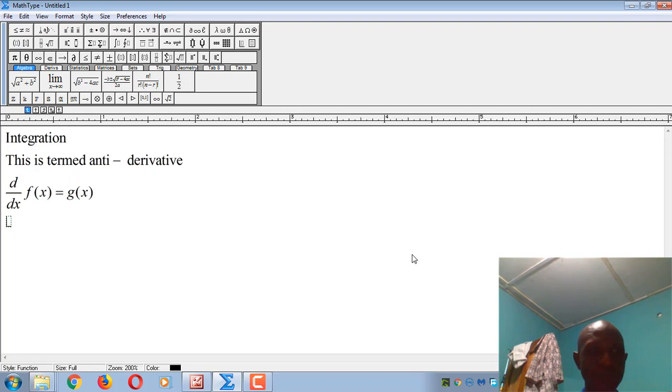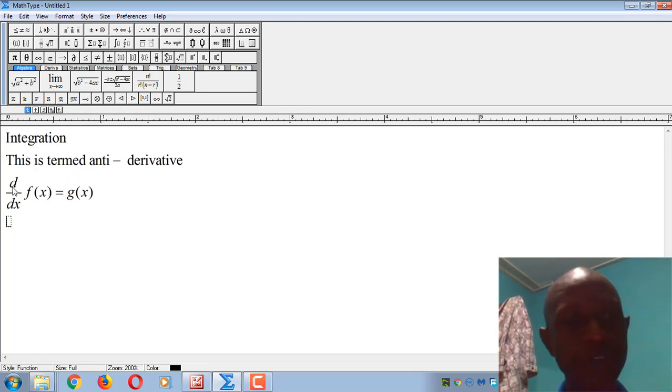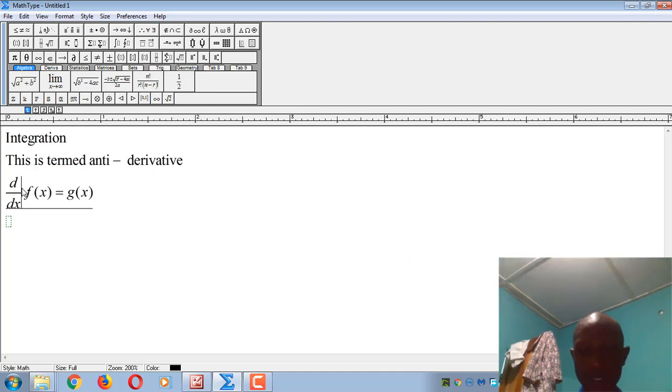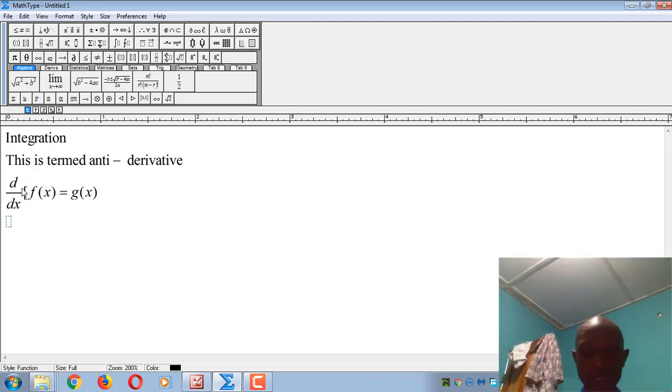By this, that means if you find the derivative of f of x, it gives you g of x.